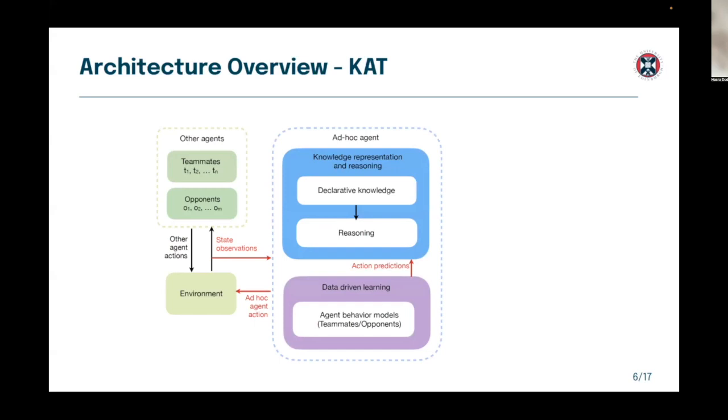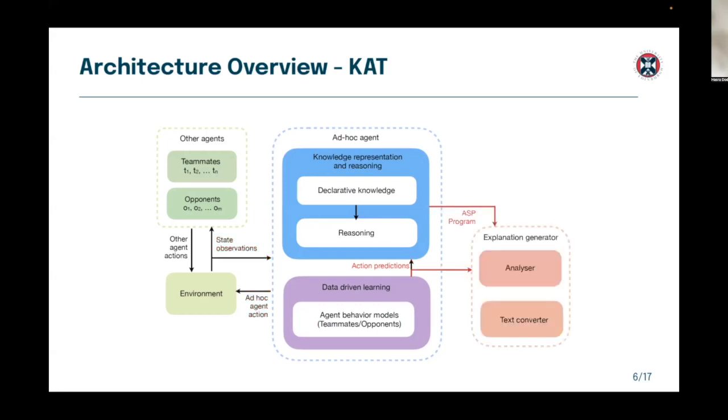To do this, the agent again uses the state observations from the environment and the action predictions from the learning component. Based on these, it will select the actions and they can be executed in the environment. Continuously, this cycle is going to be there, and the agent can use the new state observations to revise the models when needed.